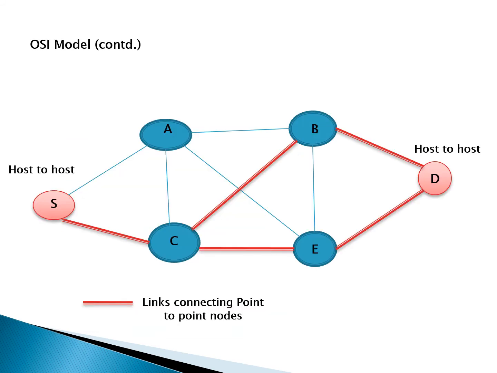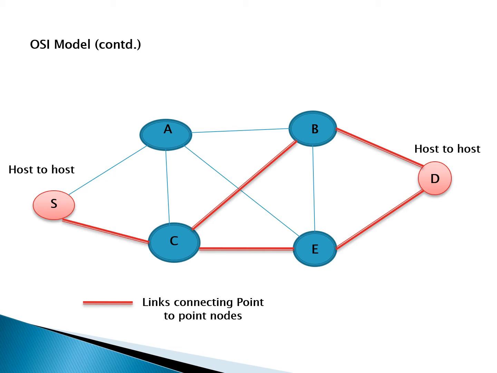This diagram represents a rough diagram of a network. In this network, node S is the sender and node D is the destination, and the nodes A, B, C and E are intermediate nodes.